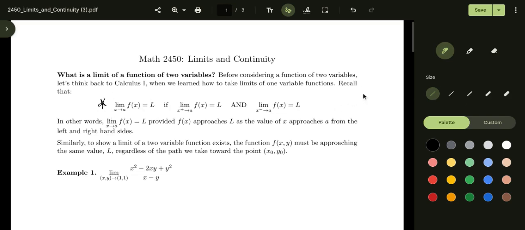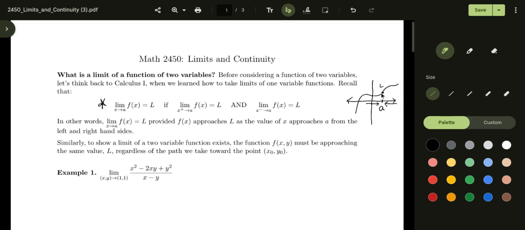And so what this boils down to, and I'm going to draw a little picture here, is that our function, whatever it may look like, if this was a, then what we were looking for is, as x approaches a from the left-hand side, our function approaches this value L. And the same has to be true if x is approaching a from the right-hand side.